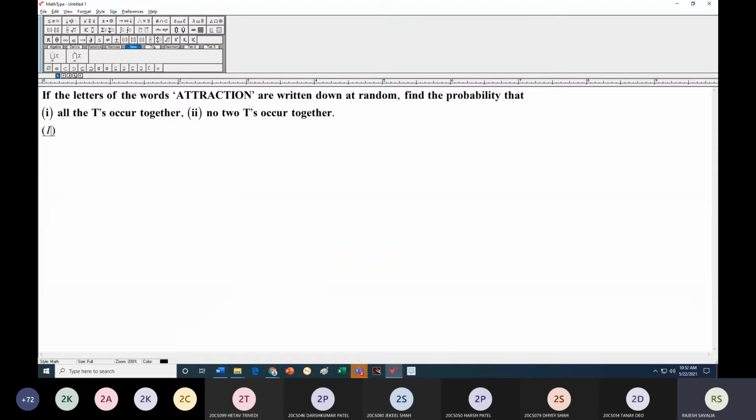So for the second part, let me take one event B. In event B, when you arrange the letters of the spelling, no two T's occur together. My aim is to find the probability of B.